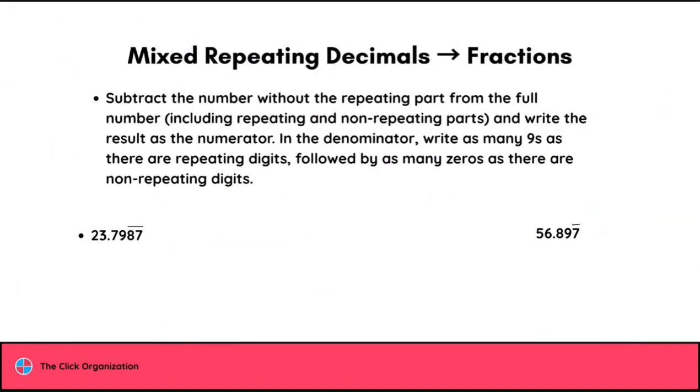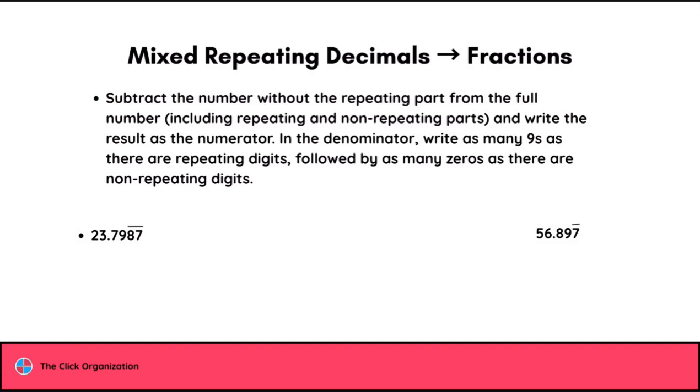Now let's go for mixed repeating decimals and fractions conversion. We do literally the same thing, and then we only add zeros on the right side of the nines in the denominator, as many zeros as the digits of non-repeated decimals.